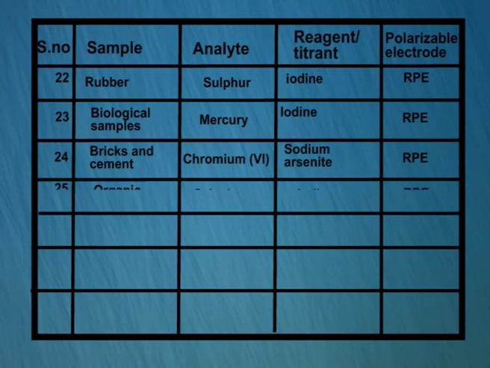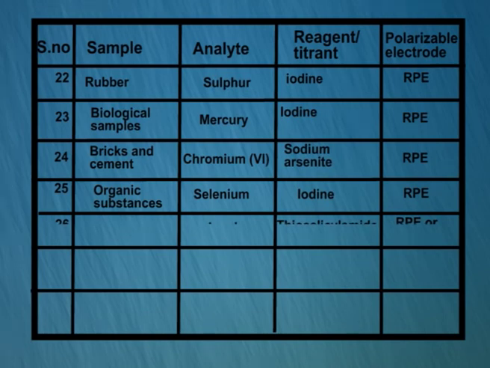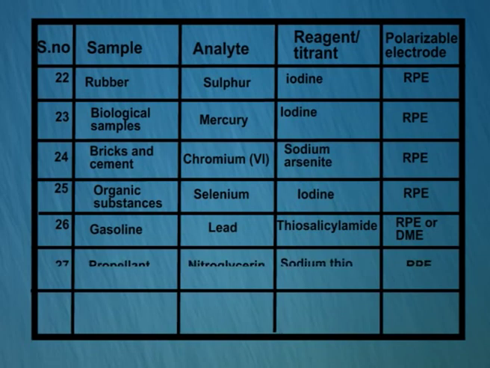Twenty-fifth, sample is organic substance. Analyte is selenium. Reagent is iodine and electrode is RPE. Twenty-sixth, sample is gasoline. Analyte is lead. Reagent is thiosalicylamide and electrode is RPE or DME. Twenty-seventh, sample is propellant. Analyte is nitroglycerine.